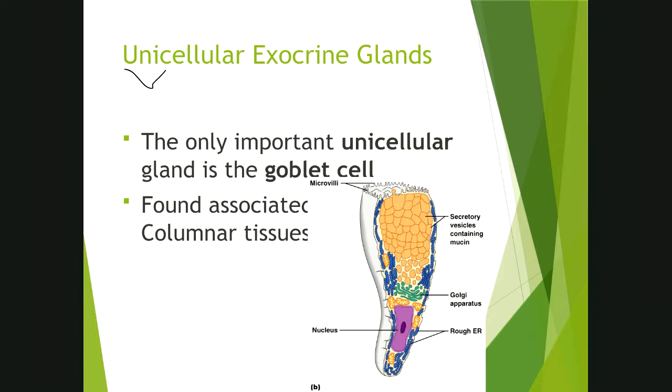They're called unicellular. Now humans only have one type of these, and we've already talked about it. It's the goblet cell. So remember, goblet cell is found with columnar tissue. Here's the columnar cells. But then here's a goblet cell. And remember, goblet cells make mucus. And so the mucus comes out.